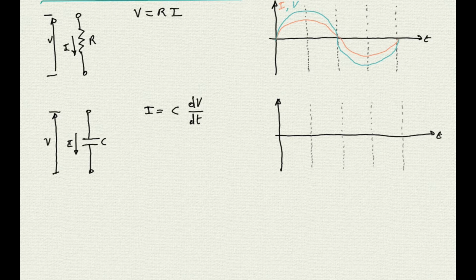We say that the current leads the voltage of 90 degrees, or that the voltage lags the current of 90 degrees. Either way. Moreover, also because of the presence of the derivative, the amount of current will depend on how fast the voltage changes at the capacitor wires. And so we end up with a component that forces the voltage and the current values to depend on the frequency, not only the value of the component itself.